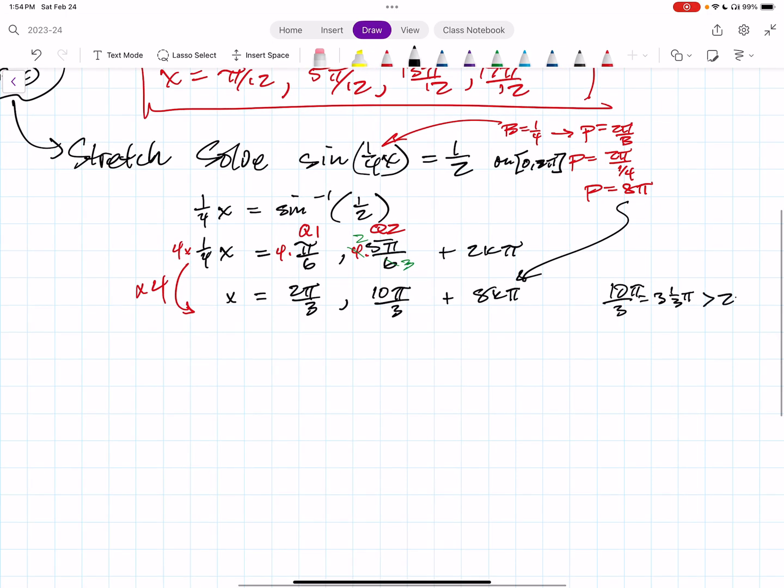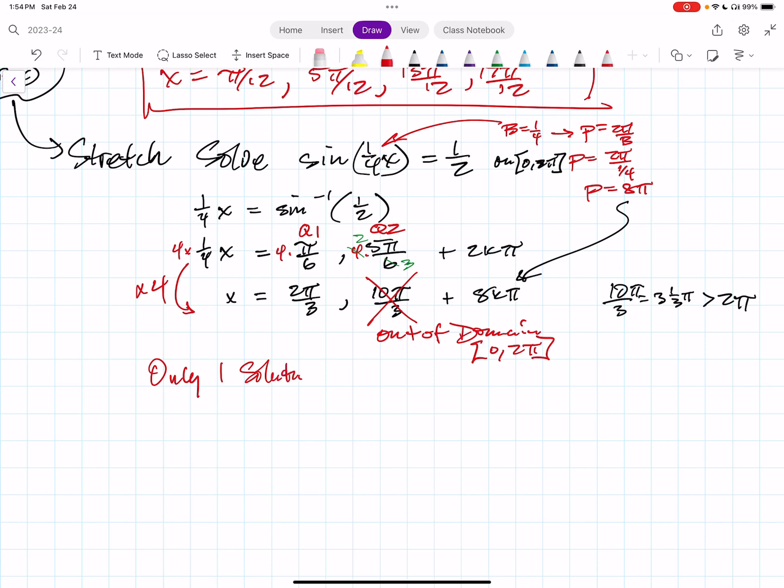That is greater than 2 pi. So this is out of the domain. As I said earlier, we have to solve for solutions from 0 to 2 pi. So here we only have one solution, and that is x equals 2/3 pi.